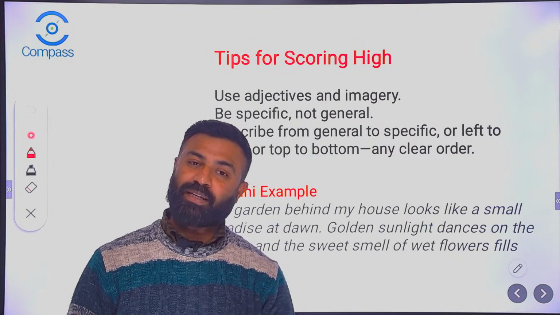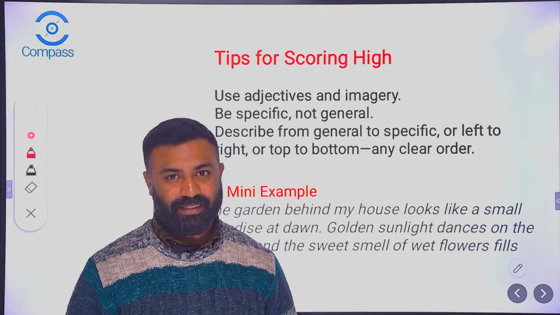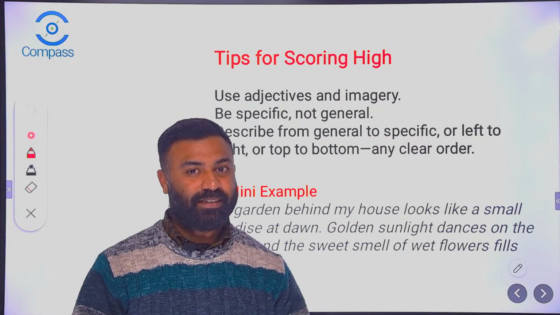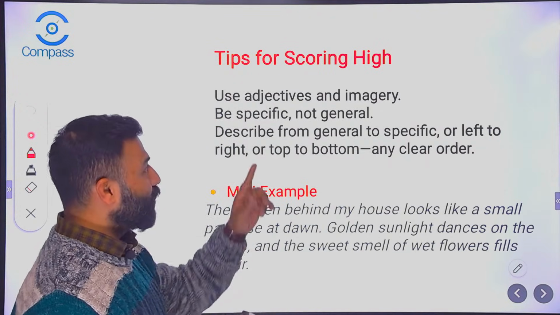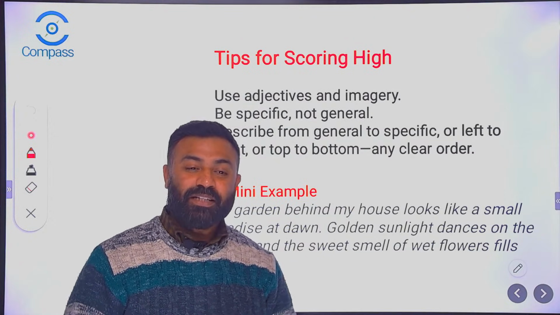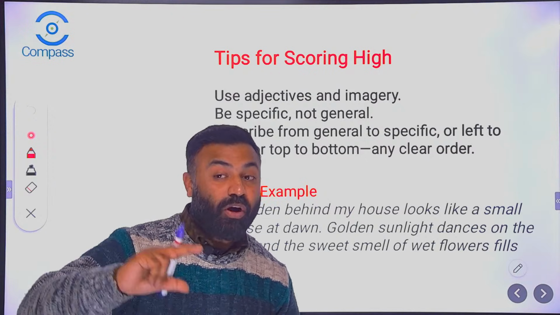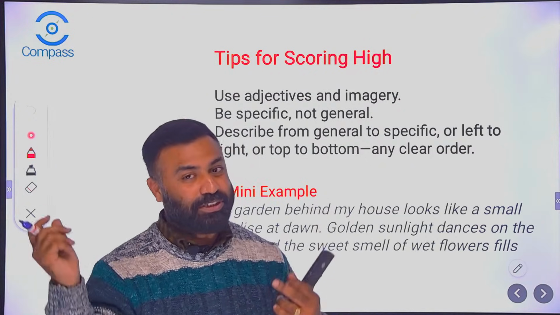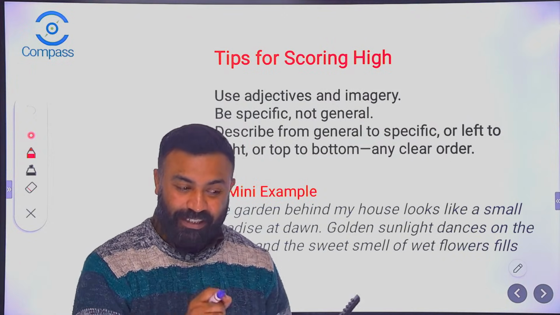Something that you read and you can visualize in your imagination, that is called imagery. So use that, the faculty of imagination. Use adjectives and use imagery. Write something that will give your examiner some images to think about or ponder about. Write it in such a way.